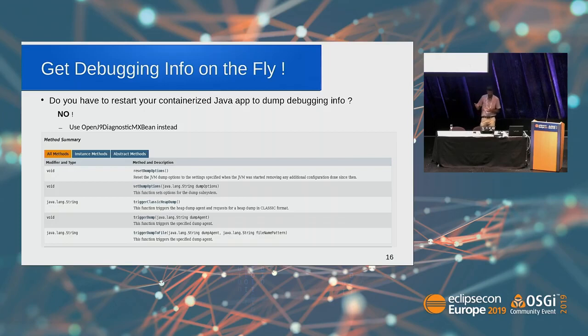You can use this to connect to a running application inside of a container using JConsole, for example, and then trigger a dump. This doesn't require you to restart your container or add special options. Your container is running, you can connect to it, and trigger a dump just from JConsole itself.